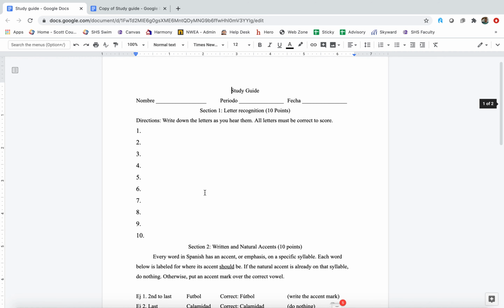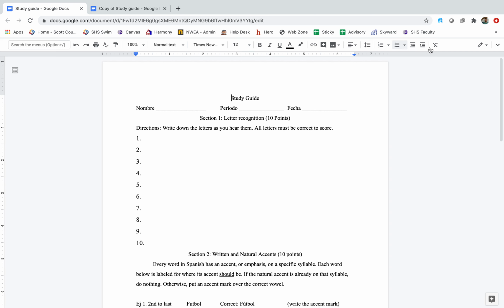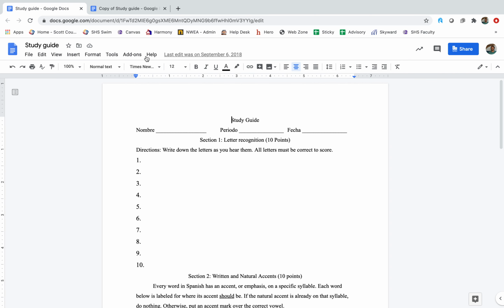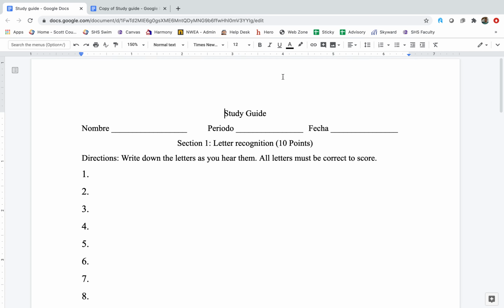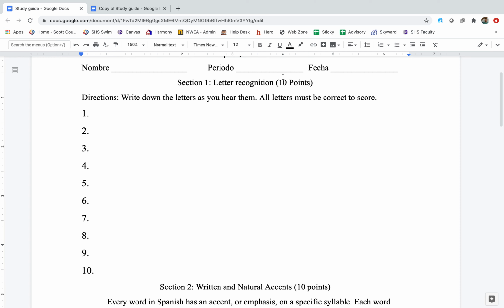So let's go ahead and get some practice with this study guide so that we have an idea of what's coming up on Thursday. On Thursday, for the first section, letter recognition, there's going to be an audio recording of me saying the letters. I'm going to say each one once, and you'll have the option to continue to replay that as many times as you need.